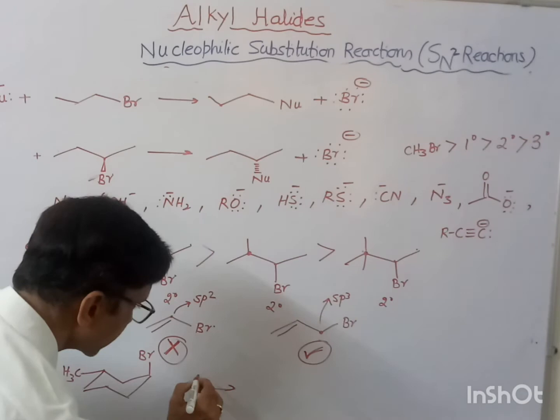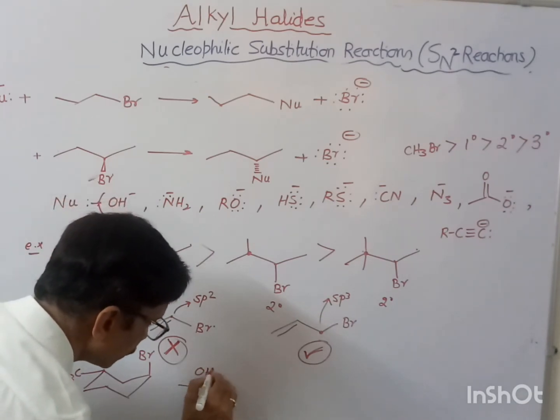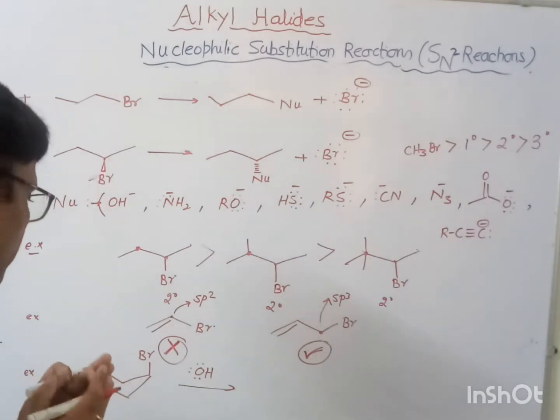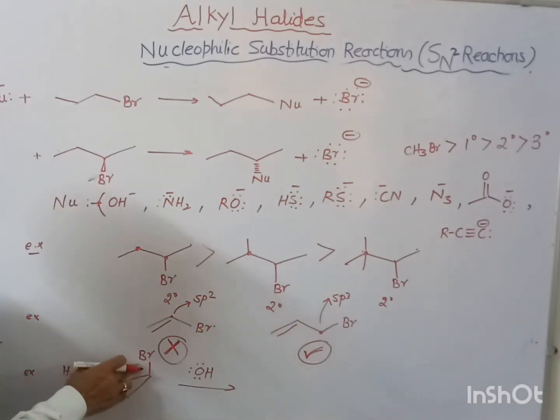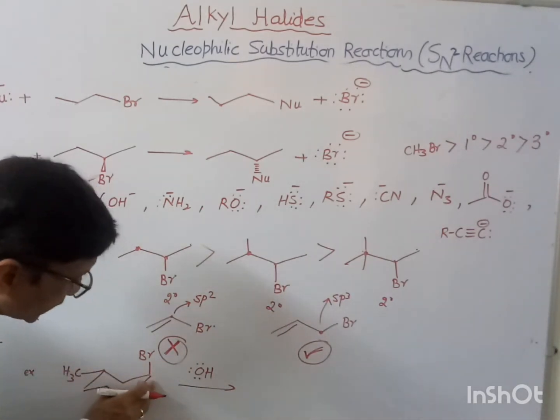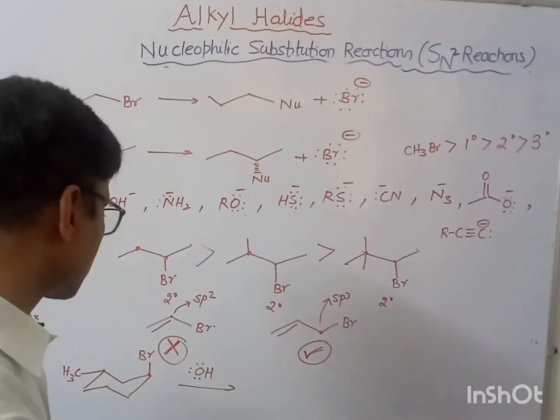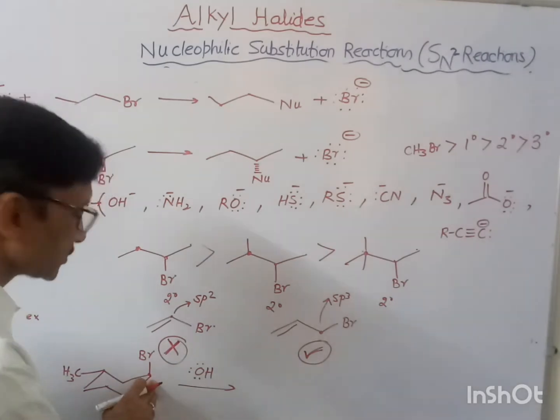Now in this case, if we are having the nucleophile, where will the nucleophile attack? No doubt the bromine will get substituted. This bromine can be substituted because this carbon center is sp3 hybridized. So this can be substituted.